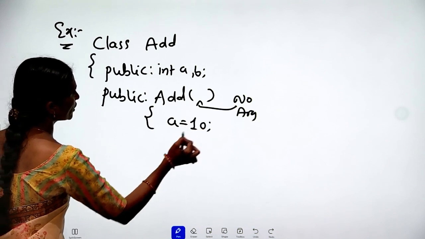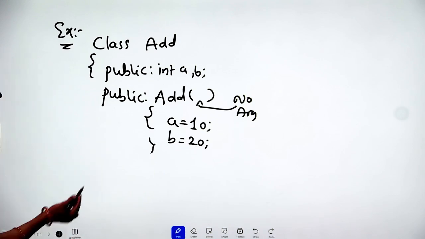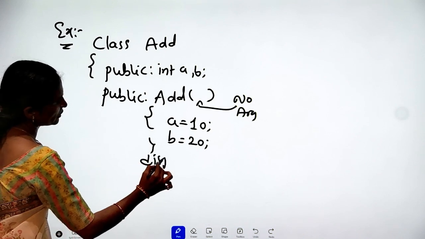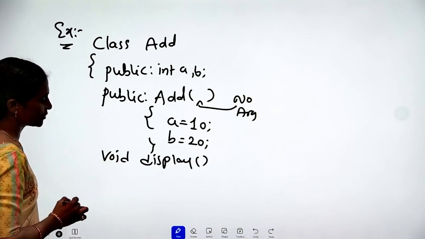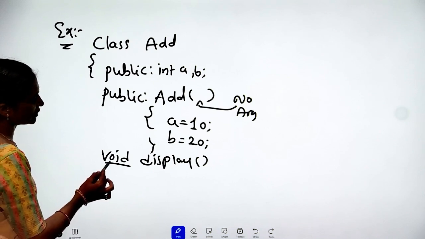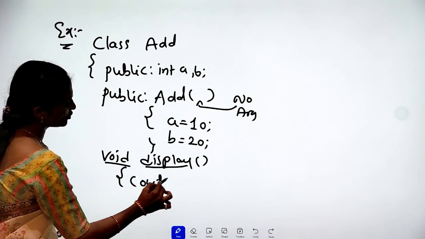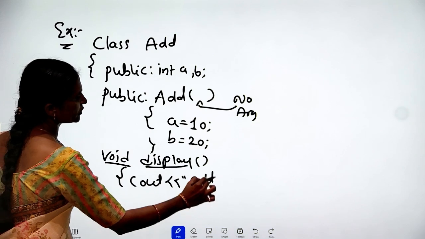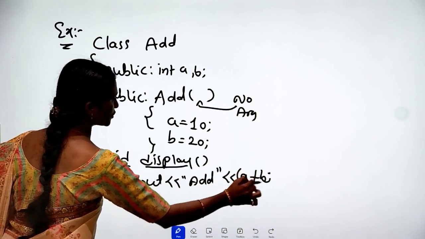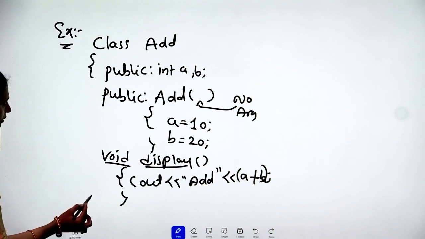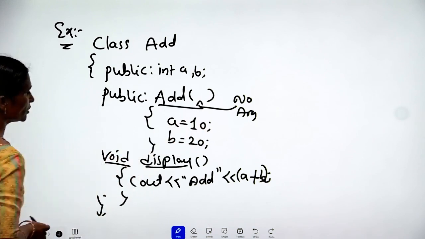Simply assigning the value of A, and we are initializing the value of B. We are going to perform the display. So display is a normal member function, so it requires a function prototype. The function prototype tells the return type, then the name of the function, then whatever. So addition is equal to A plus B.